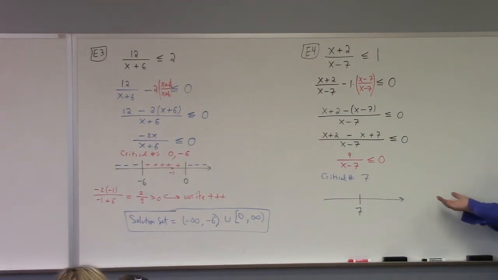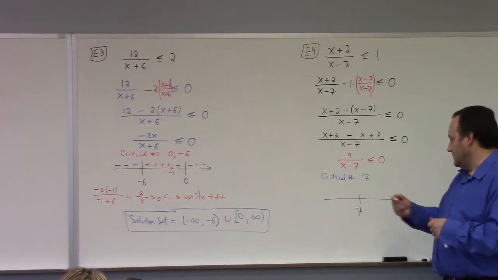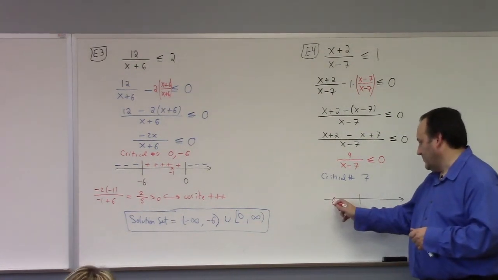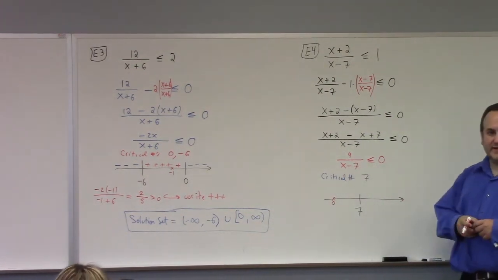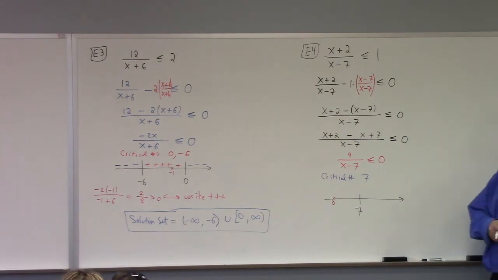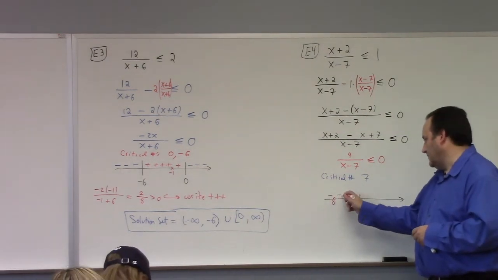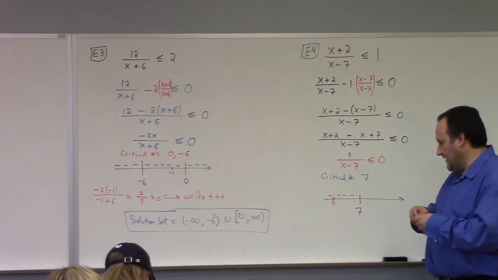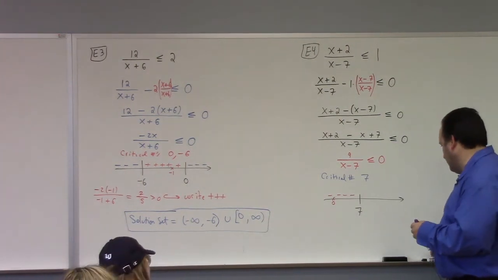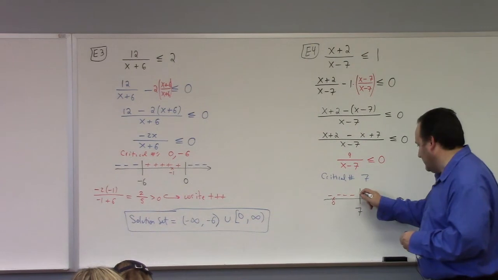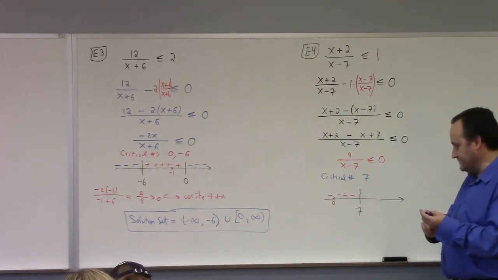You can plug in 0. Where's 0? It's over here, right? If I plug in 0 into this, I get 9 over minus 7, which is negative, right? So I get negative over here. If you plug in anything to the right of 7, or if you use the sign flip, however you slice it, you're going to get positive on the other side of 7.